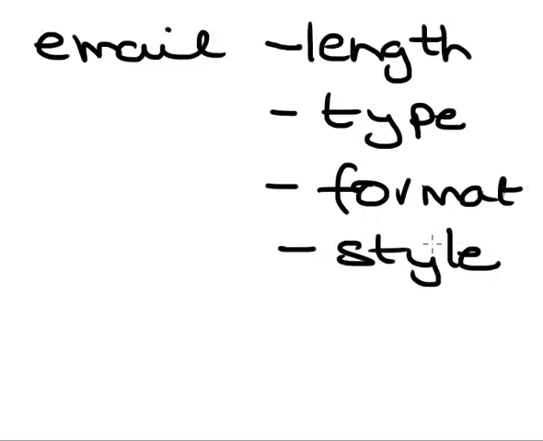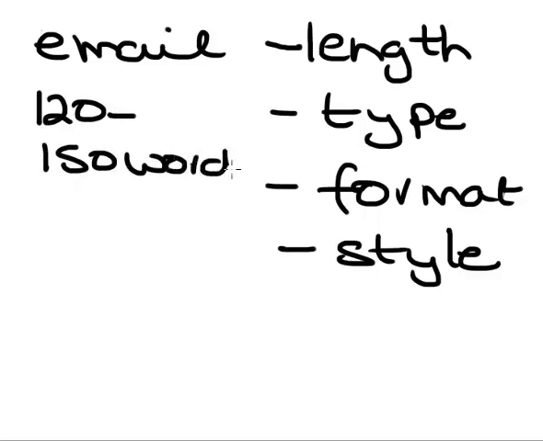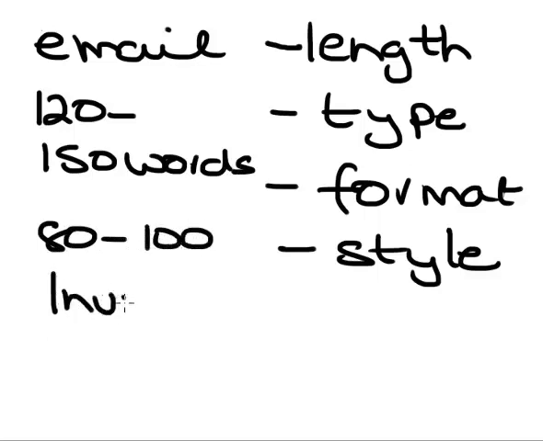So if it's a longer transactional piece, you might be writing 120 to 150 words. That would be something like a letter. Or if it's a shorter piece of transactional, you'd be writing 80 to 100 words, and maybe that would be something like an invitation. And then you would decide which part of the format and style of the invitation or of the letter you would need.